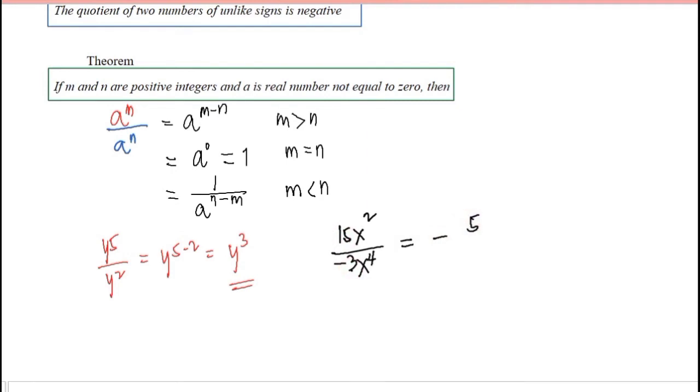And since 4 here is greater than 2, we subtract, so that's x to the 4 minus 2. And this is just equal to negative 5 over x squared. And this is our answer.